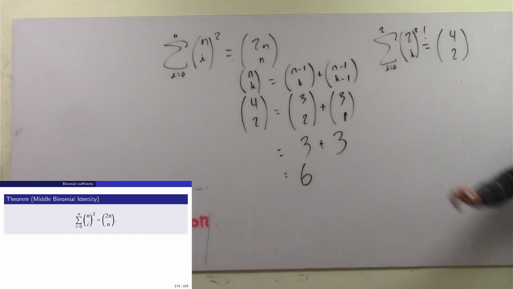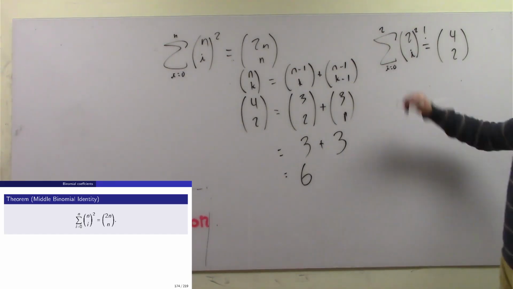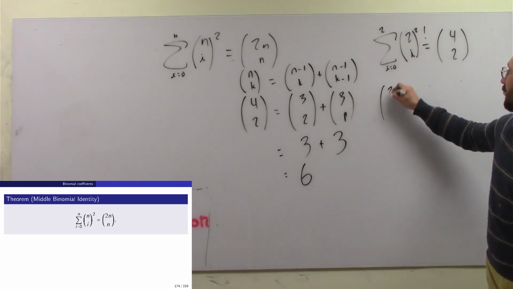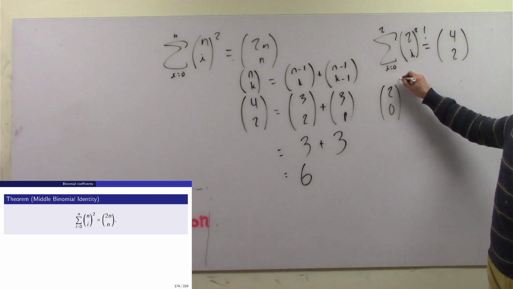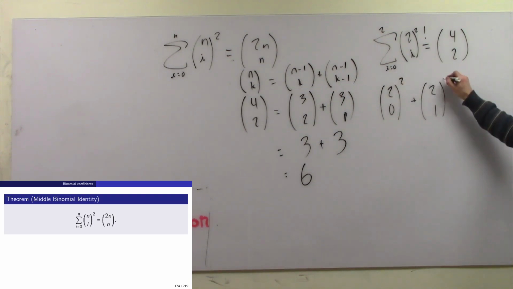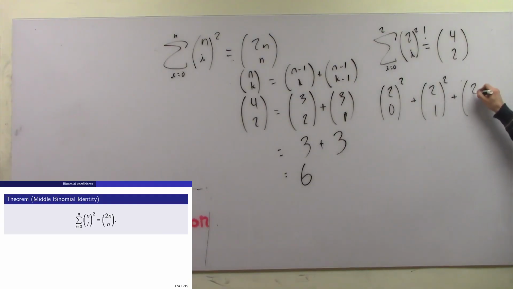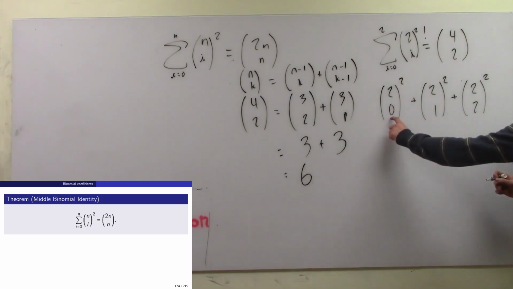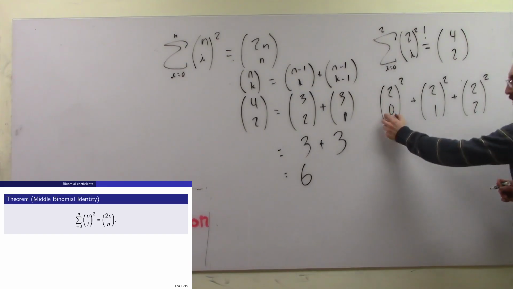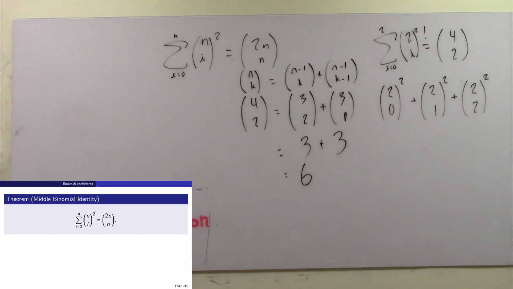Nice. What about this guy? Okay. Well, let's write it out. So we have 2 choose 0 squared plus 2 choose 1 squared plus 2 choose 2 squared. Okay. Well, see, 2 choose 0, that's how many ways we can pick a 0-element subset of a set of size 2.